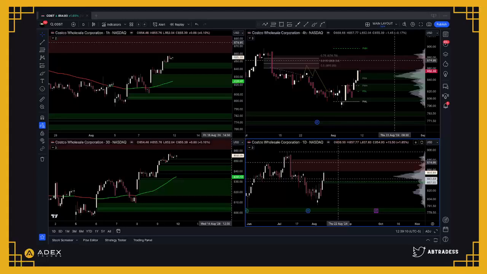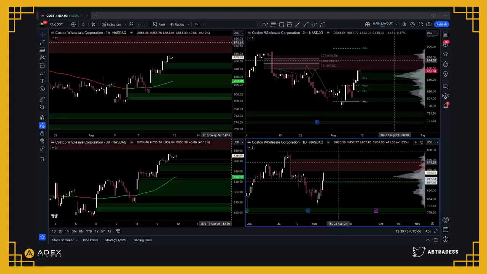Remember, far out of the money is only beneficial if you see something pushing quickly and aggressively within a duration of time. But if you're very out of the money and something just continues to consolidate and take its time, you're going to lose value in those contracts very, very quickly. So out of the money is only beneficial if you see price aggressively making a move faster. While at the money, it's not as hurtful. So I like to do something in between, at the money and out of the money.